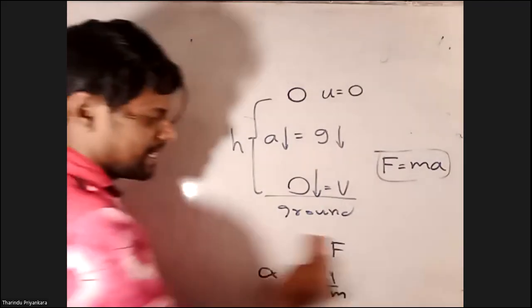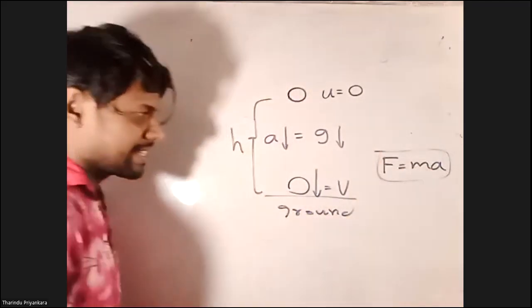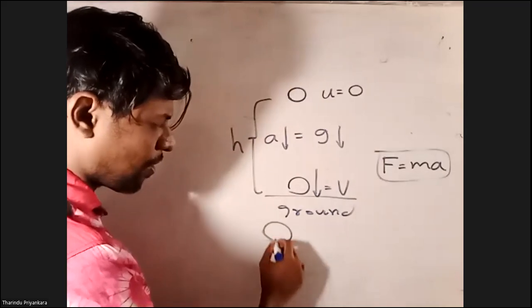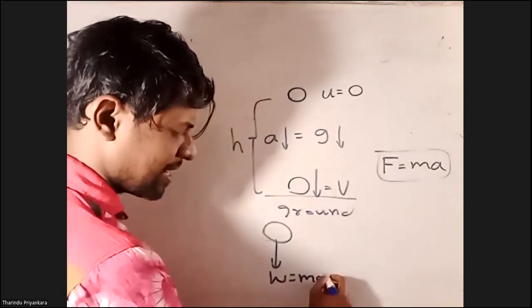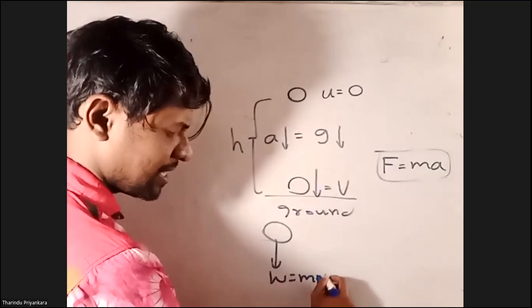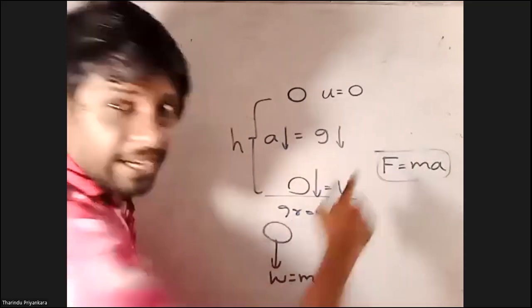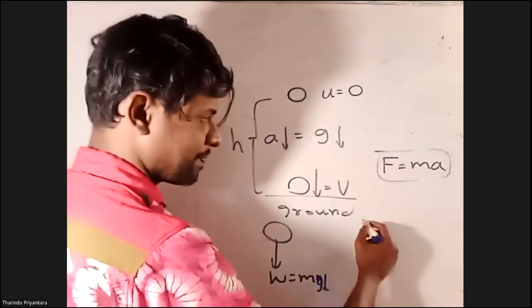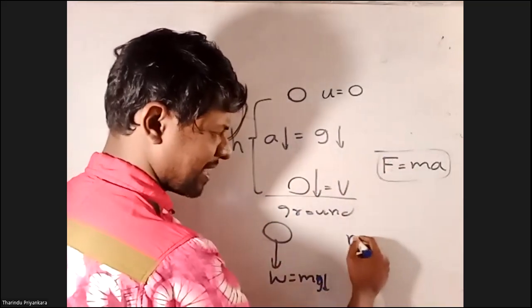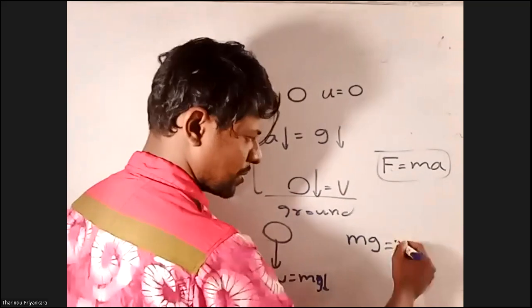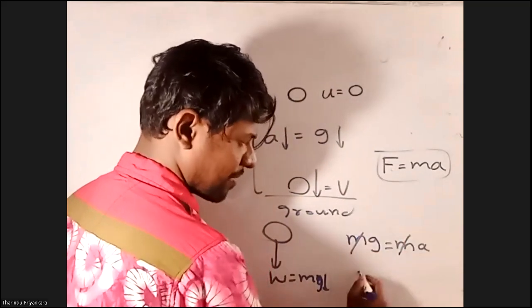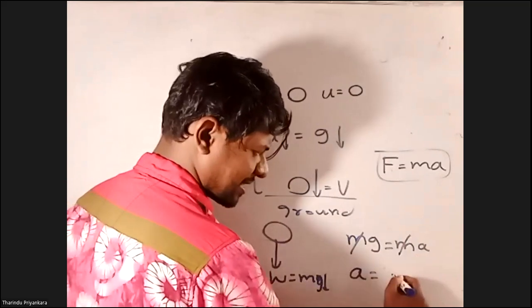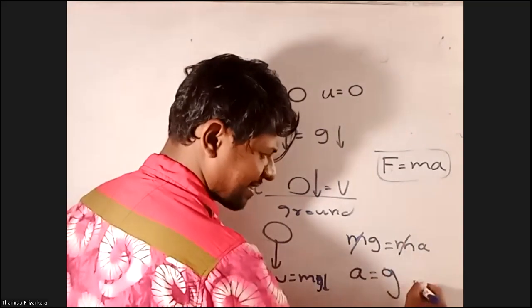According to this equation, the only force is the weight downwards, mg. So that is the driving force. F equals ma, so mg equals ma. The m's cancel off. The acceleration is nothing other than, in this case, gravity.